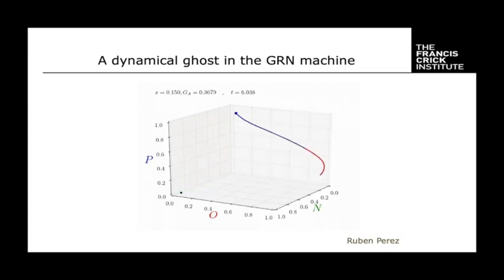The system moves towards there, but there's no steady state to find, and then falls back into, or relaxes into, the NKX22 steady state. So this gives you the dynamics of the system in gene expression space. And again, in dynamical systems terminology, this behavior of moving away before falling into the steady state is called a dynamical ghost. So there's a ghost of the OLIG2 steady state still within the system.